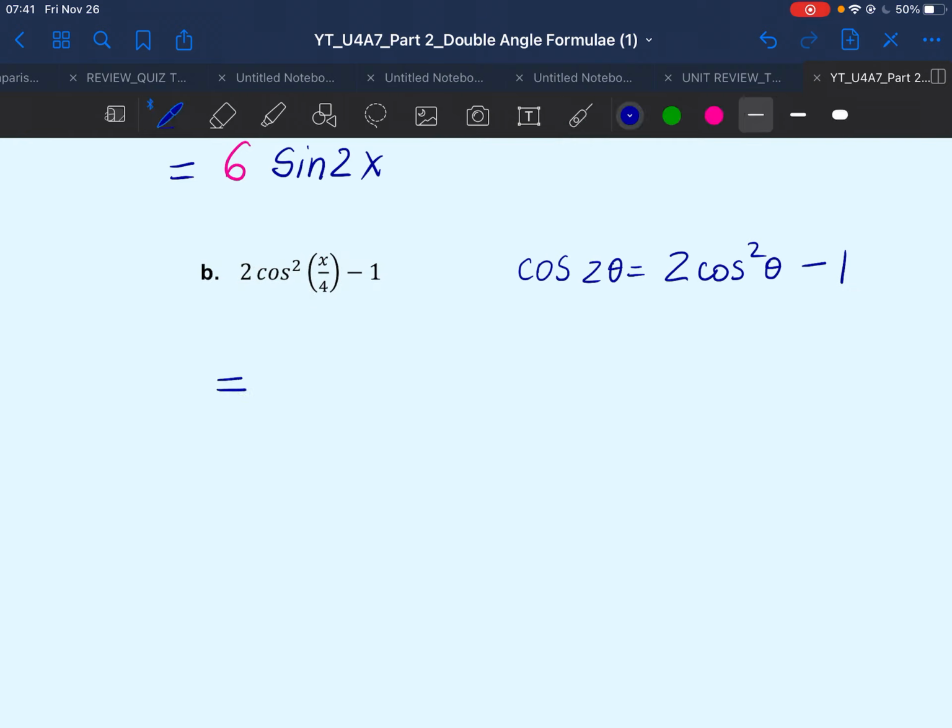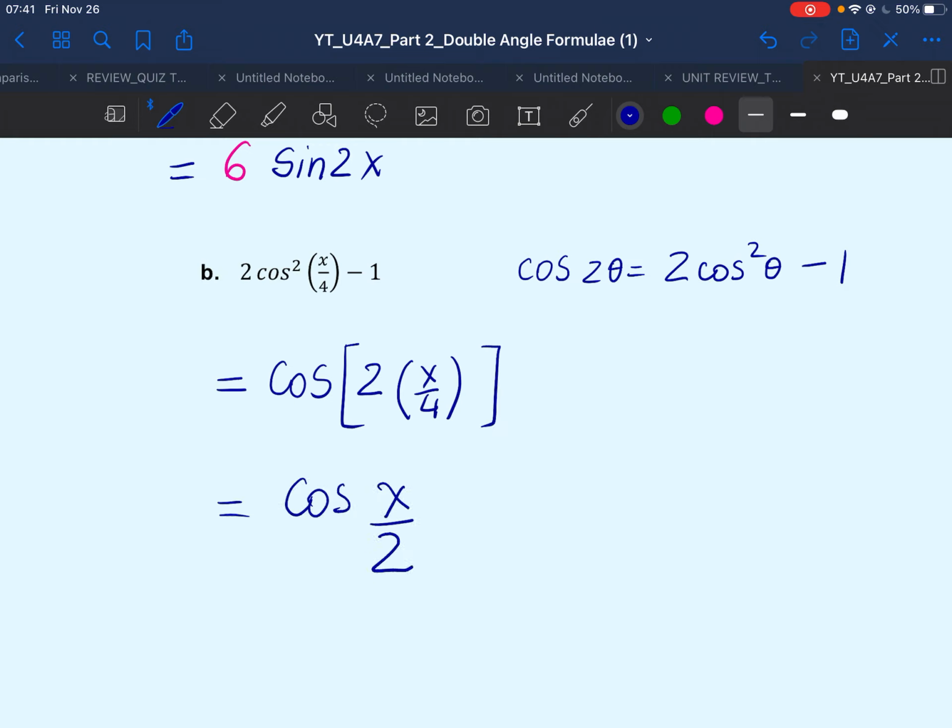So this expression must be equal to cosine of double the angle theta on the right side, which in our case is x over 4. And cosine of double x over 4 is cosine of x over 2.